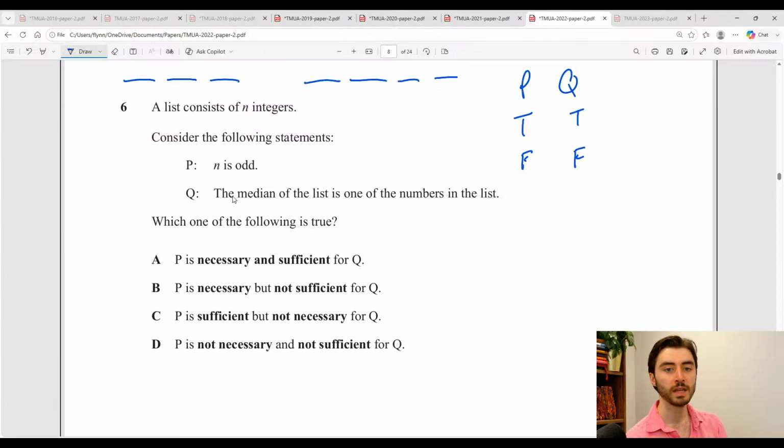If n is odd, the median of the list is one of the numbers in the list. That is always true, and we know you cannot go from true to false. If n is odd, the middle number is the median. If you have an even number, the median can be one of the numbers in the list, but it could not. So that means that it is sufficient but not necessary, because that's what that mapping looks like.